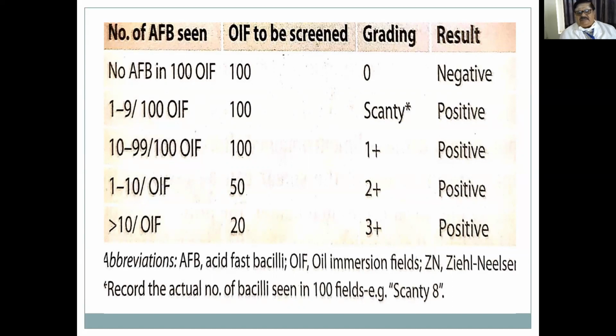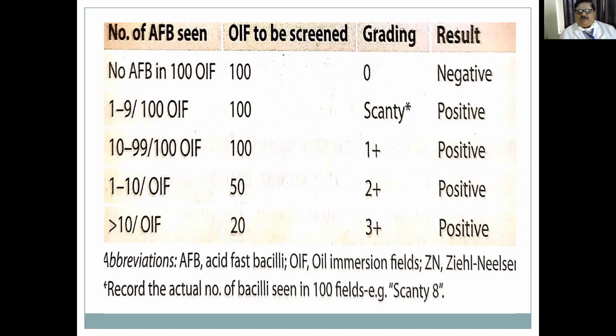For 10 to 99 bacilli in 100 fields, it is 1 plus. For 1 to 10 bacilli per oil immersion field, screening 50 fields, it is 2 plus. For more than 10 bacilli per oil immersion field, screening 20 fields, it becomes 3 plus.